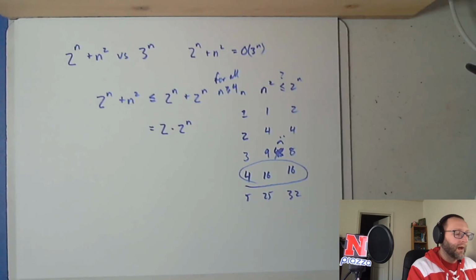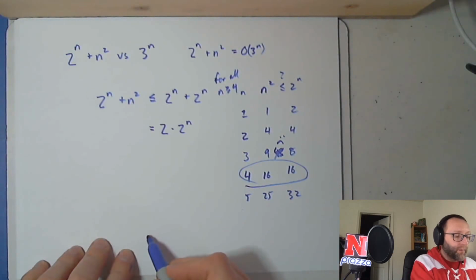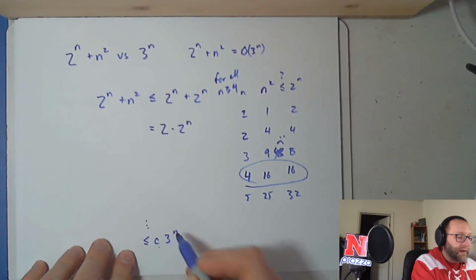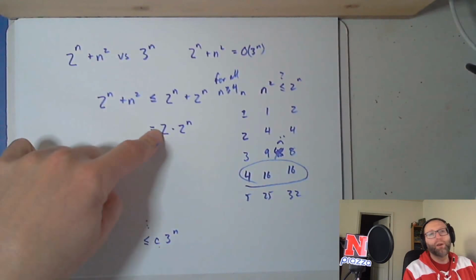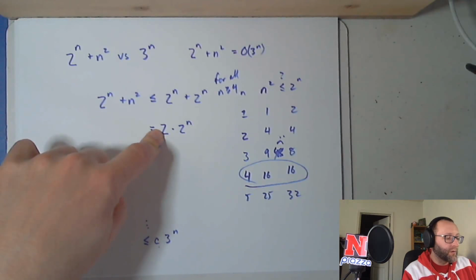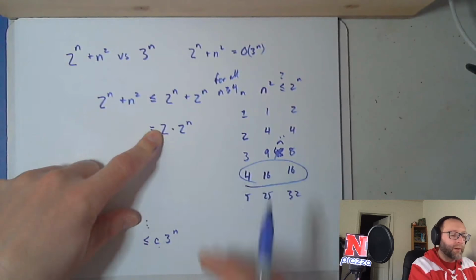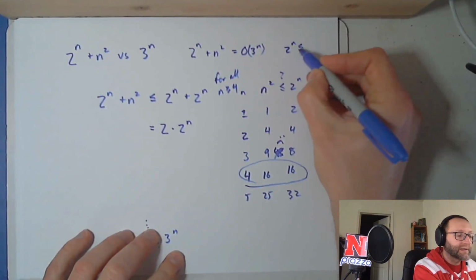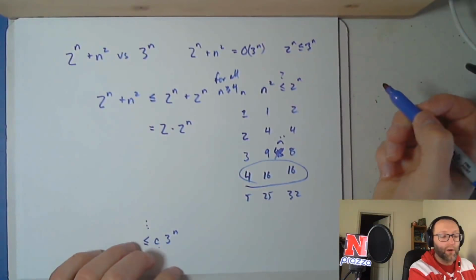Again, it might be helpful for you if you establish what you want to show down here as a roadmap, and this is your destination: c times 3 to the n. Well, I got it down to one term and my c over here is 2. All I need to do is make it a little bit bigger by returning to obvious land and saying that 2 to the n is less than or equal to 3 to the n for all n greater than or equal to 0.